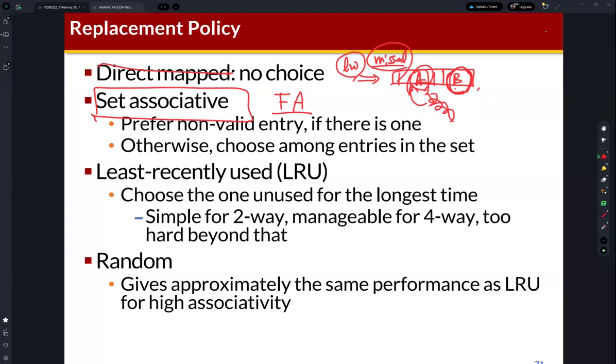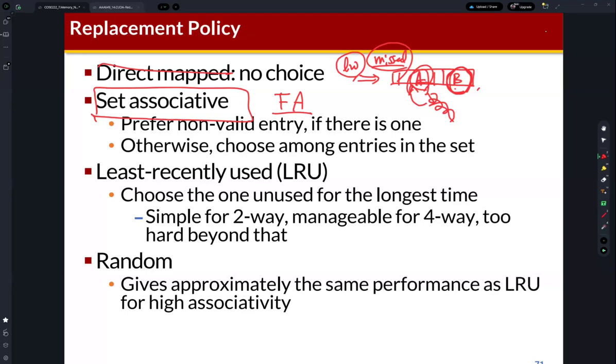What's the problem? This is a future event, right? We don't know about the future. We can just predict, and this is related to the access pattern of our program, but it's not easy to predict the access pattern.